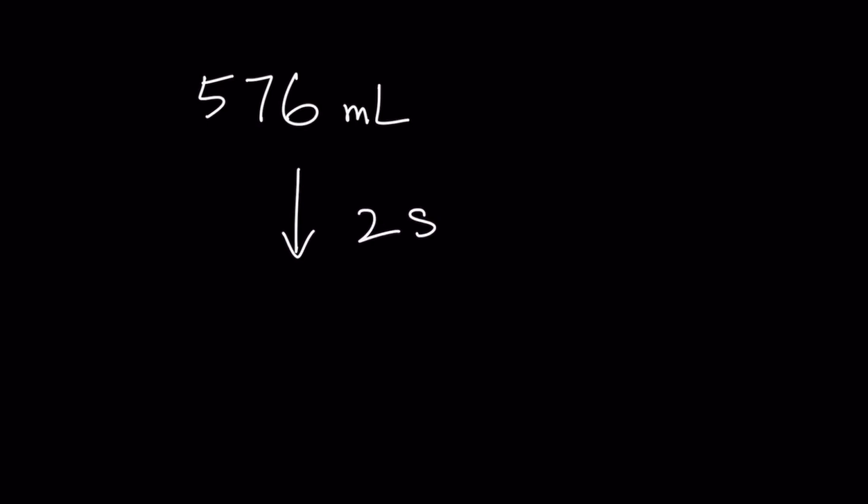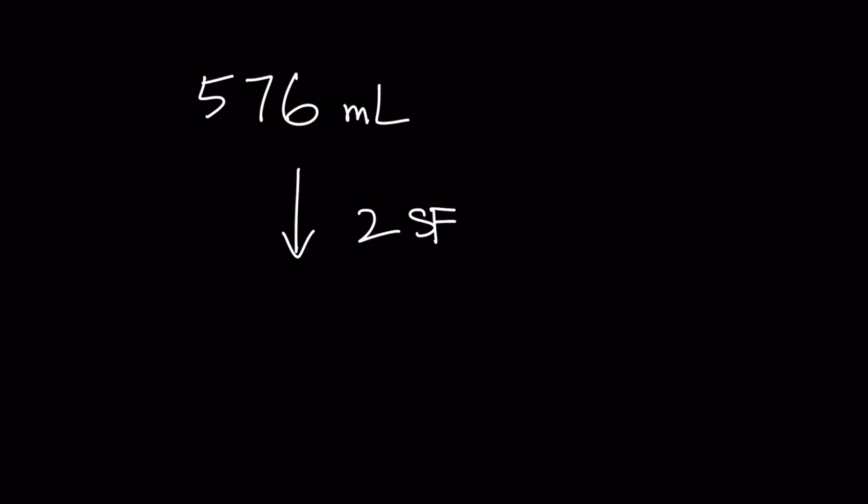Now let's talk about rounding. Sometimes we will measure things but then have to round them to a certain number of significant figures. Or a math problem is asking us to round the answer to a certain number of significant figures to avoid too many digits. So let's say we were measuring something and it came out to be 576 milliliters. How would we round this to two significant figures?